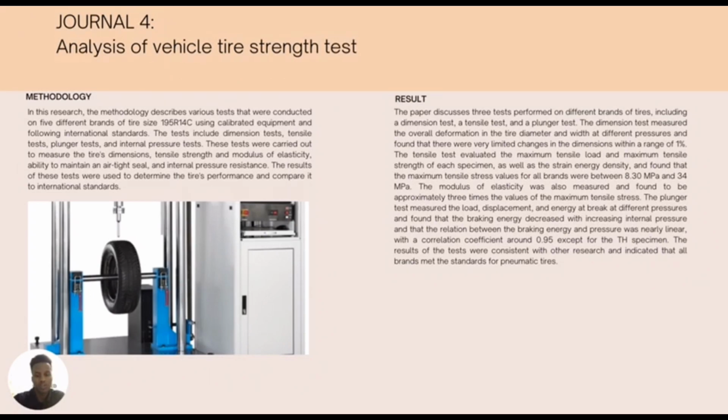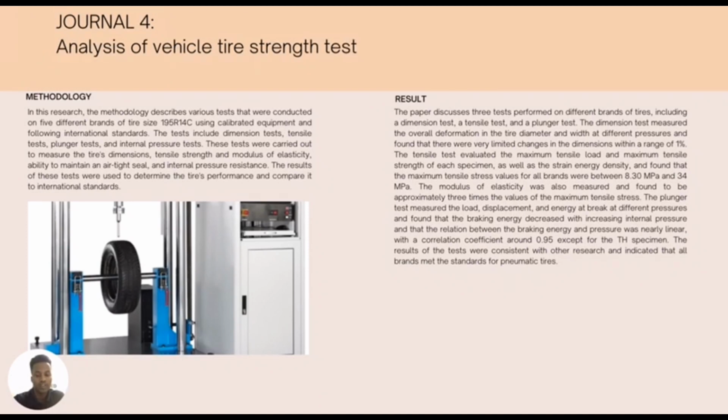And when it comes to the results, we can say the paper discusses 3 tests performed on different brands of tire, including a dimension test, tensile test, and Blinger test. The dimension test measured the overall deformation of the tire, the tire diameter and width at different pressures.